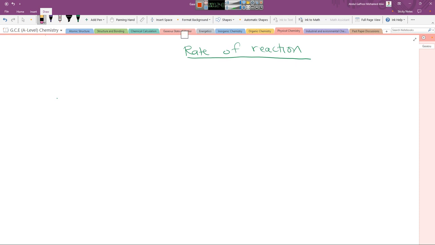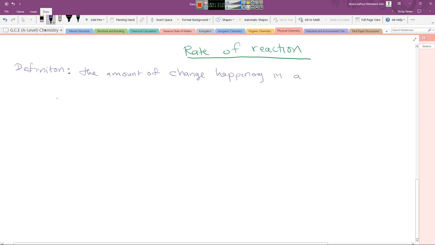So rate of reaction is the change happening in unit time, right? So if I want to write a definition for rate of reaction, I can simply write: the amount of change happening in a chemical reaction is called rate of reaction.